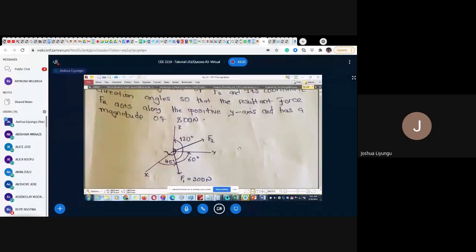Cos alpha is equal to the force component F1 over the magnitude of F1. Sorry, we have already been given the angle.